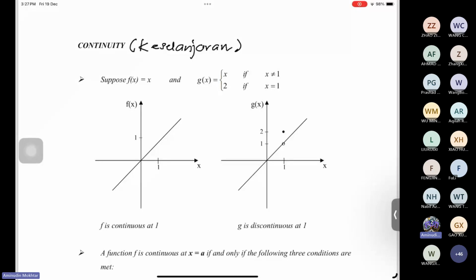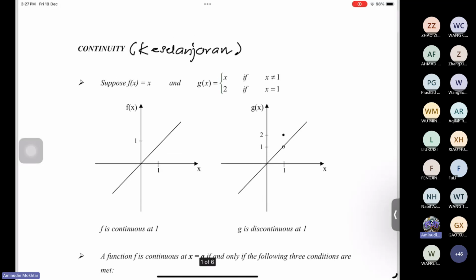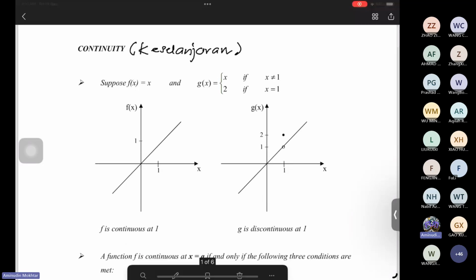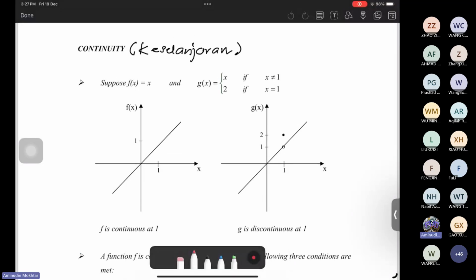Maybe I can write here: no break, no hole, or tidak terputus. In other words, we can say there is no break.